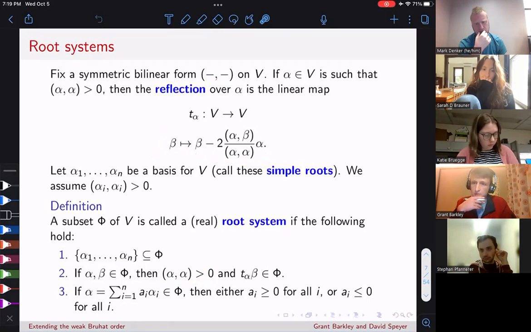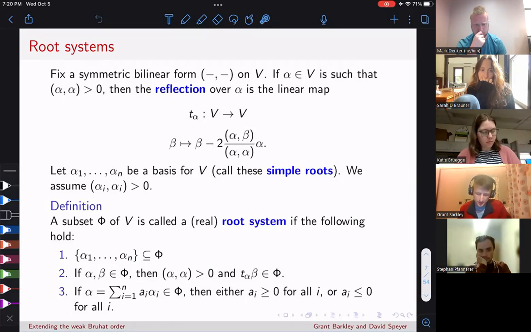If you have a usual inner product on your space, this coincides with the usual orthogonal reflection formula. It's exactly the same formula, but with a bilinear form instead of an inner product. So this condition is the one that tells us that our set of normal vectors is highly symmetric.